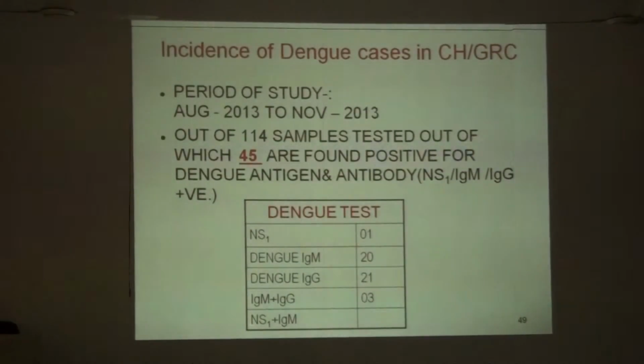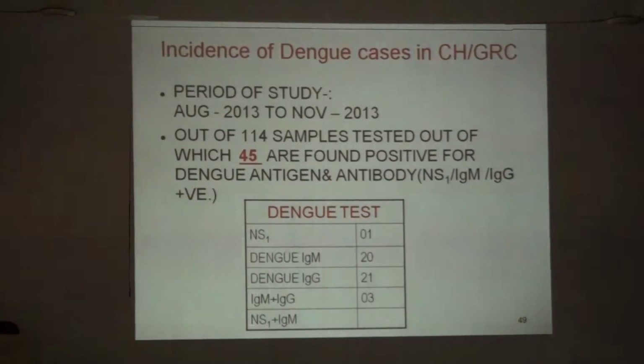Incidence of dengue cases in our hospital. I have collected data from August 2013 to November 2013. Out of 114 samples tested in our hospital, 45 were found positive for dengue antigen and antibody.